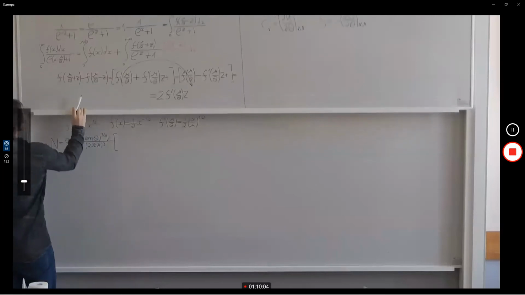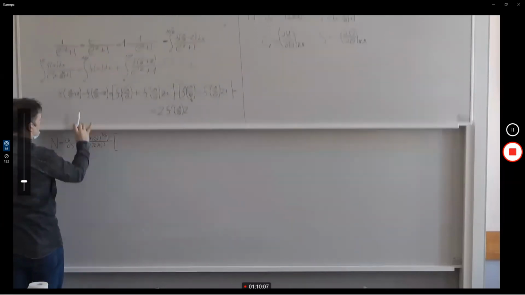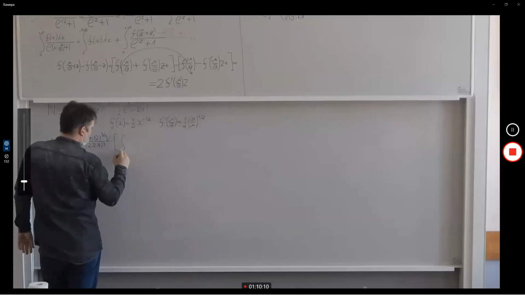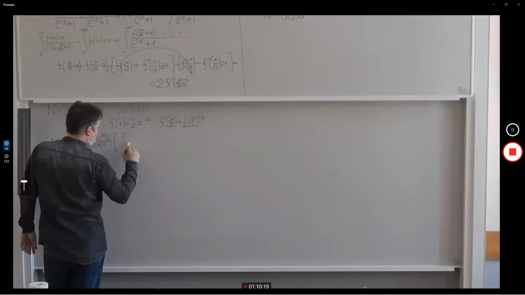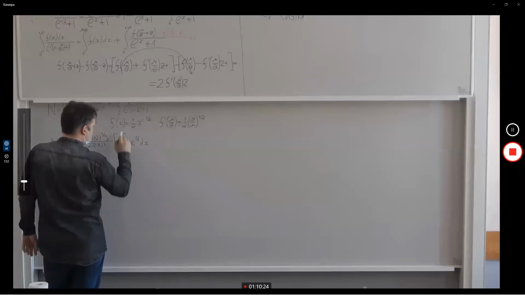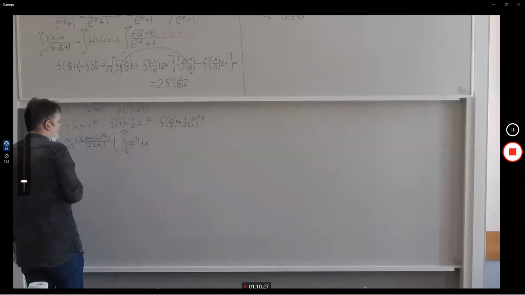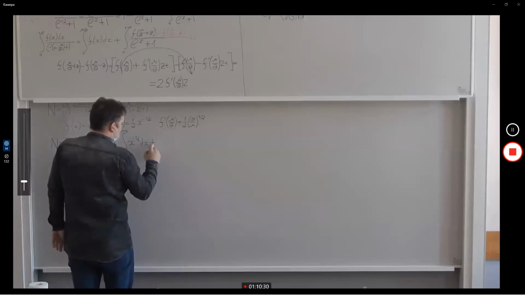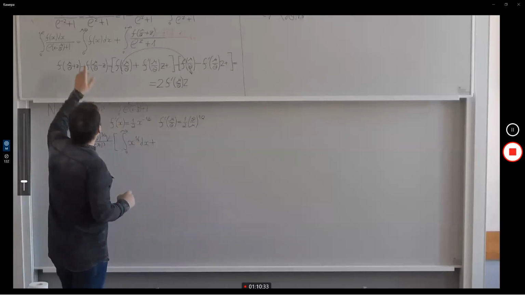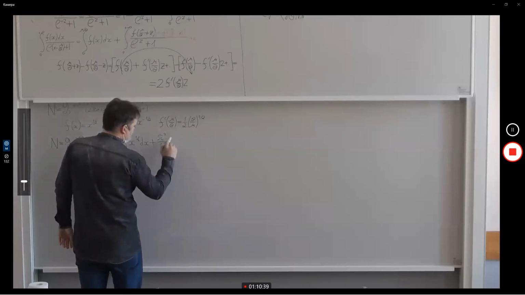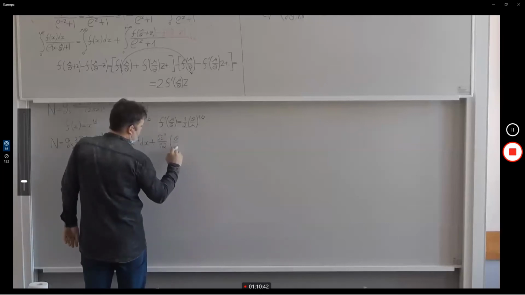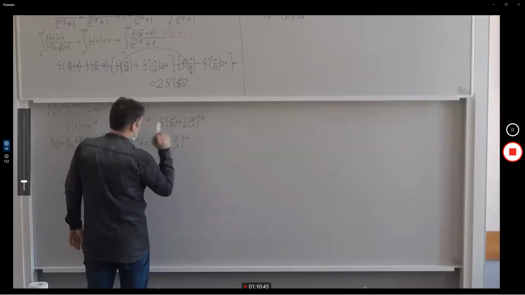Here I have first the integral of f(x), the integral of x to the power 1/2 dx from 0 to μ divided by θ. And here I have the first correction. It's π squared divided by 12 θ divided by μ to the power 1/2.